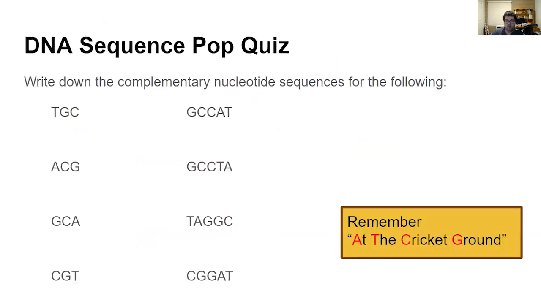Alrighty. So what we're going to do right now is we're actually going to take a little run through of writing down some complementary nucleotide sequences. Now, what these represent is the other side of the DNA chain.